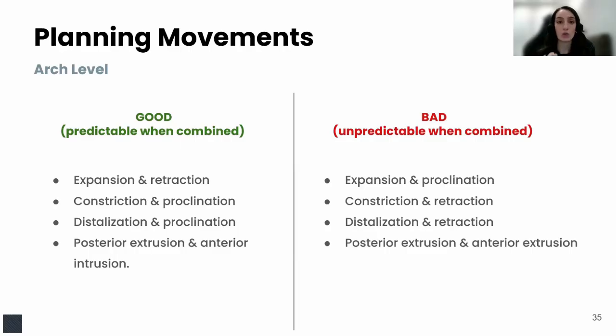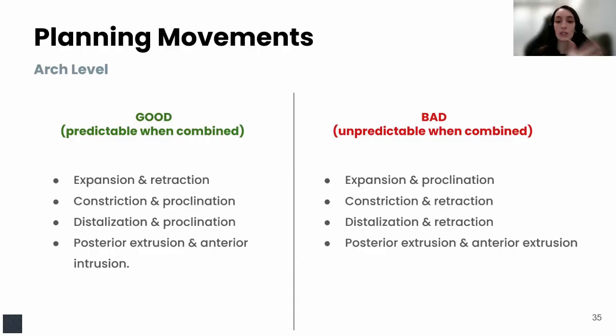So combining these two movements together is definitely more predictable, and they will be expressed better than if they were sequenced. The same thing applies to distalization and proclination. Whenever I plan the movement of teeth distally, it is recommended to plan some sort of proclination for anterior teeth, because it will happen as a counteractive force. And posterior extrusion will be more predictable if it is combined with anterior intrusion.